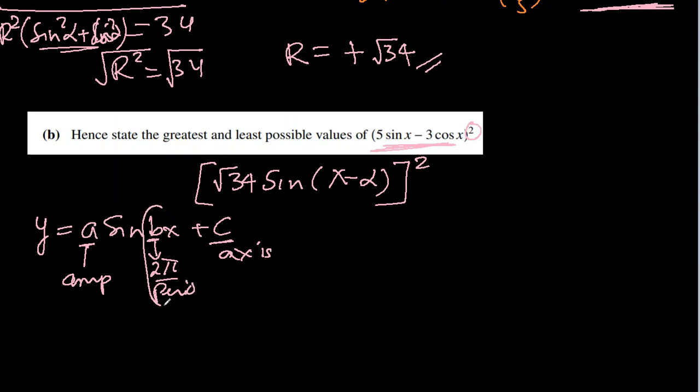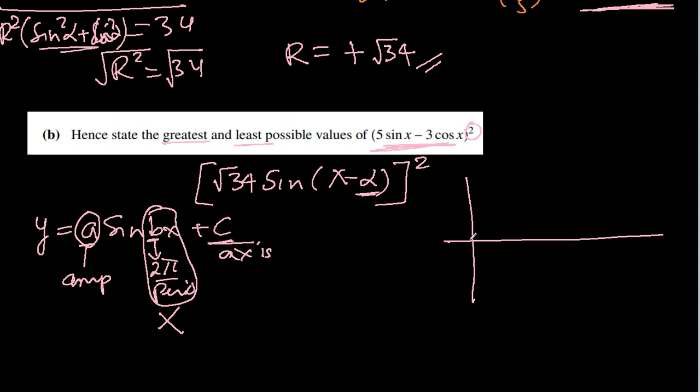Since this angle just provides a period or phase shift, like alpha is providing a phase shift, we will not even look at this because they are asking for the greatest and least possible value. So only amplitude and axis are the ones which cause the maximum and minimum.